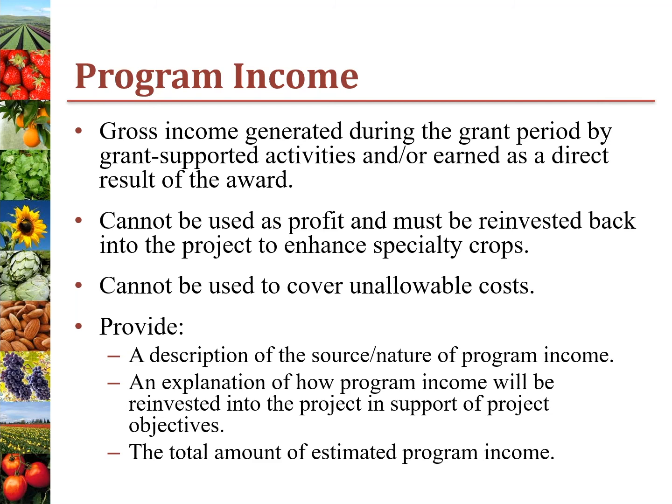In the table provided, include a description of the source of program income, how the project will generate program income, and how it will be used to enhance specialty crops. Also include a detailed explanation of how the income will be reinvested into the project in support of project objectives, and the total amount of estimated program income.